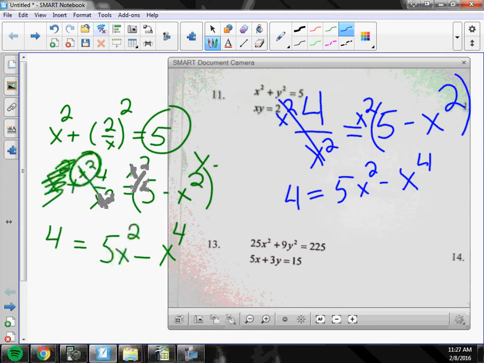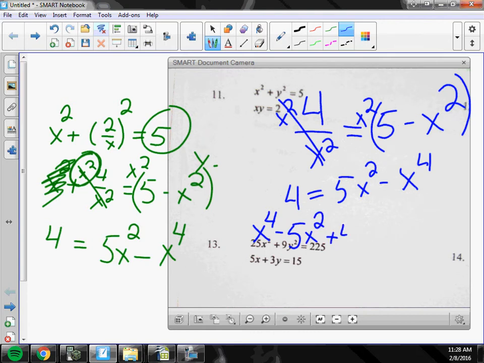Now, I need everything on one side. Do I want to move everything to the right or to the left? Let's move it to the left because the x to the 4th will be positive over there. So, x to the 4th minus 5x squared plus 4 equals 0. Yeah, it looks hard, but what if it said x squared and x? Could you factor that? What would it be?